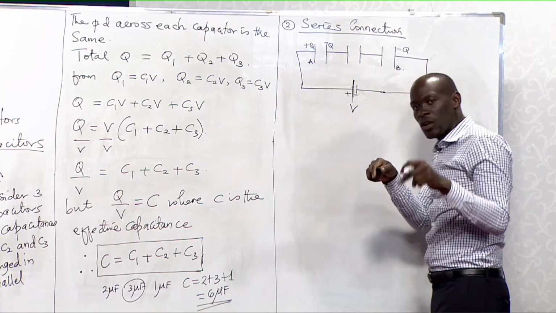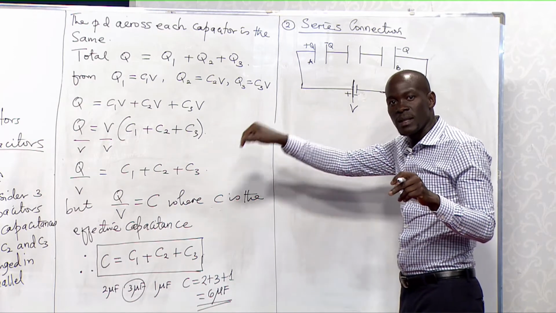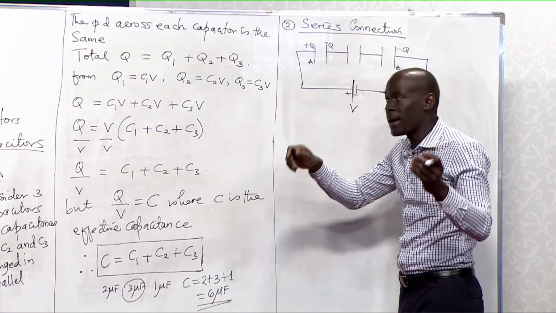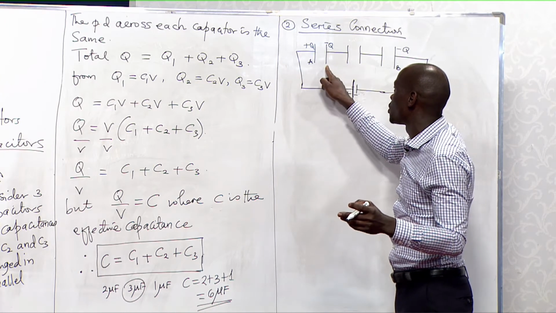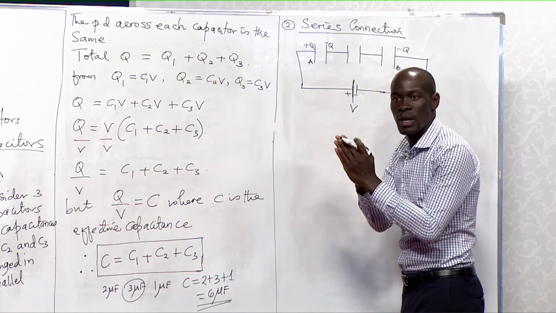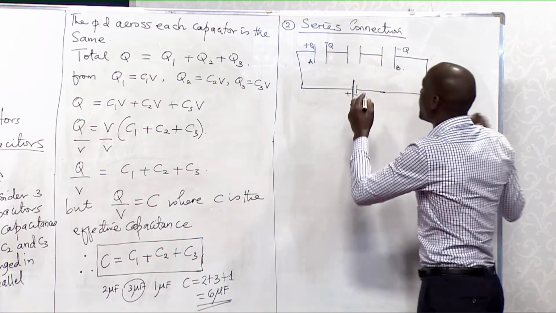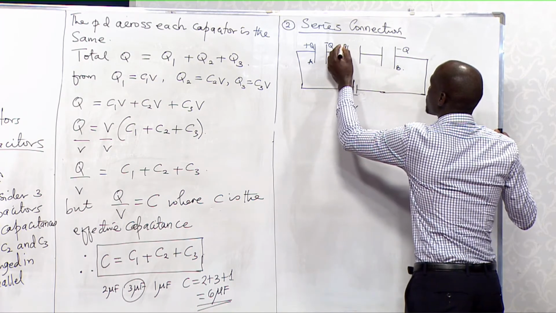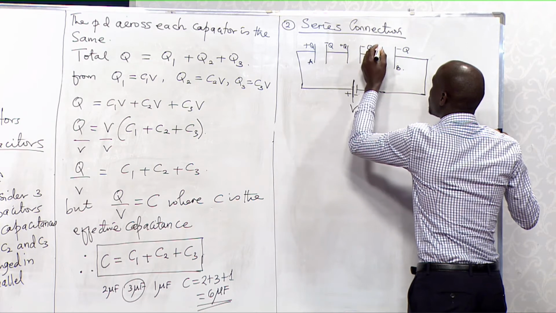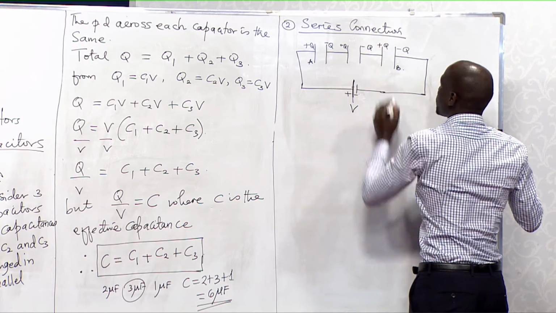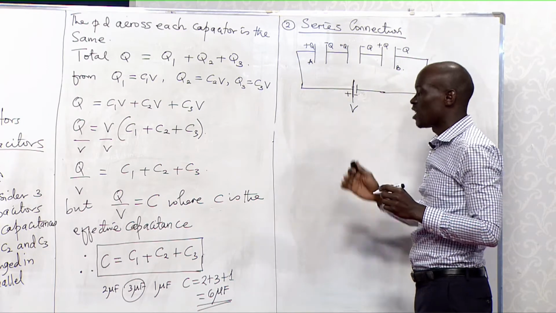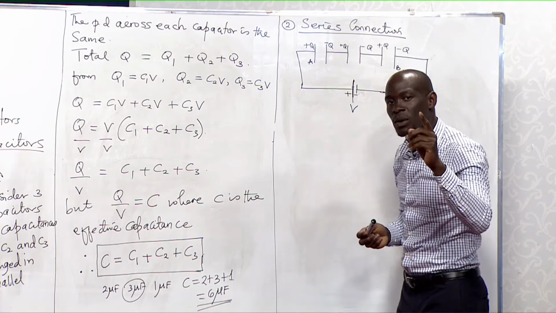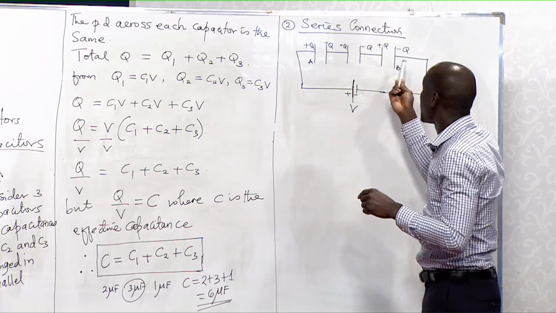The charges are equal in magnitude, but the signs will be different, because we know by electrostatic induction, once you have a positively charged board and you bring one which is neutral close, it will induce a negative charge or a different charge. Then this will have positive Q, this will have negative Q, and then eventually this will be positive Q. Now, it is this setup, or it is this genesis, that enables the charge to be the same.